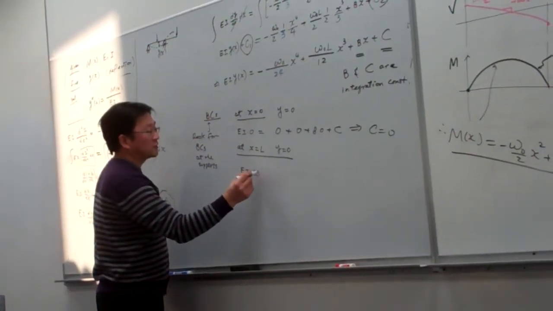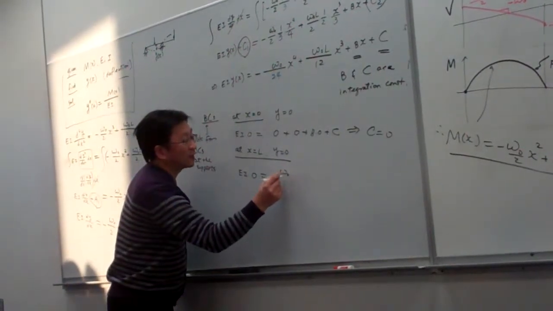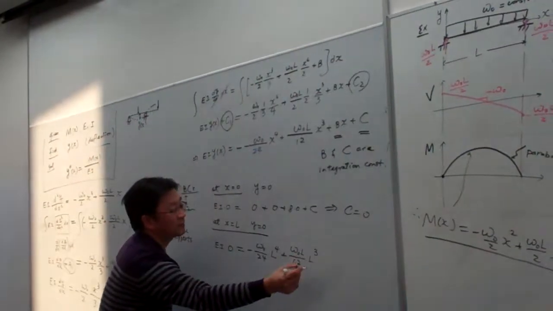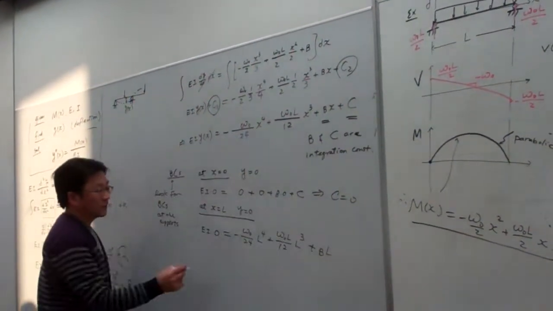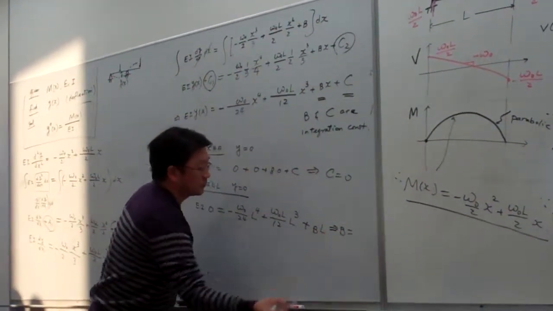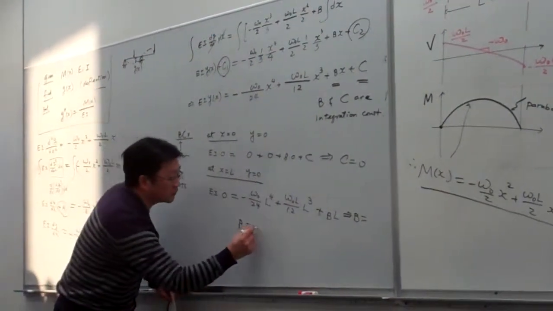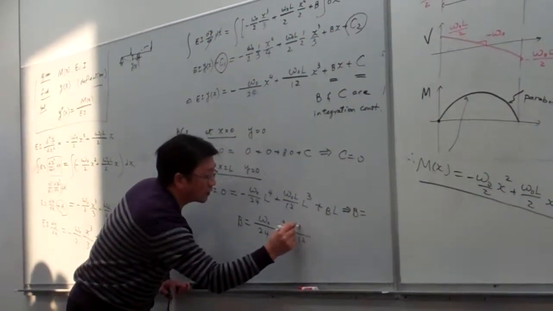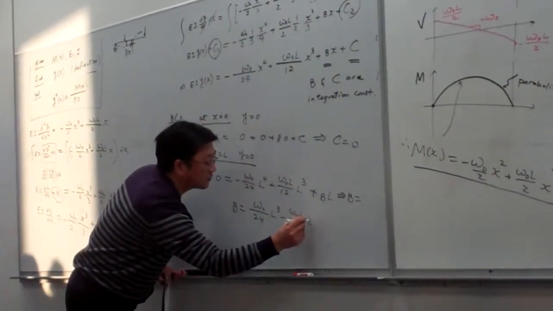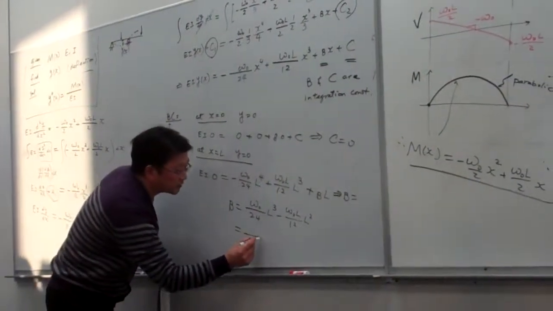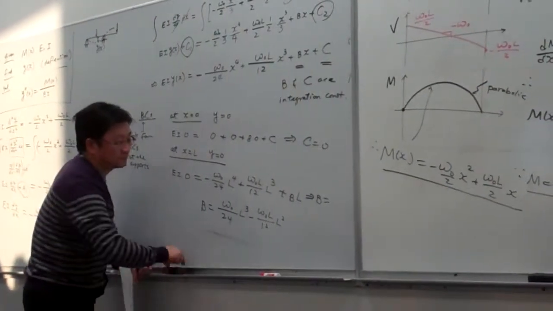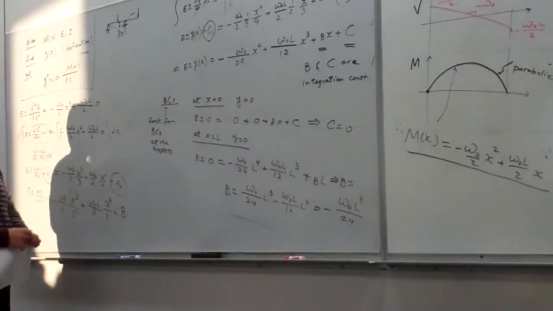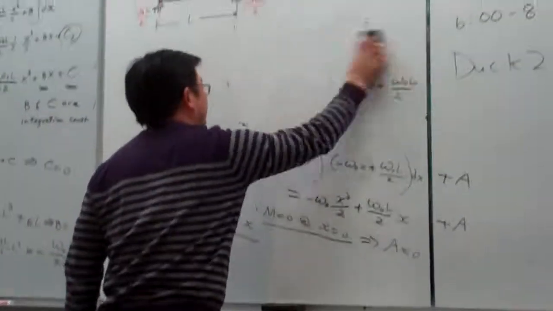EI times y equal to 0 will be equal to, when x equal to L, omega over 24 times L to the 4th, plus 12 omega L, L cubed, plus B times L. So from here we can solve for B. B will be equal to, let me write it out here, minus 24 omega L to the 4th minus L cubed, 12 omega L. Okay, so finally we have these things here.